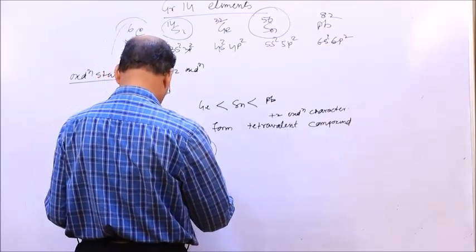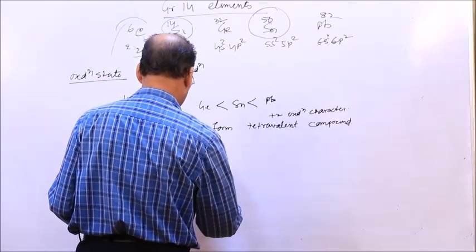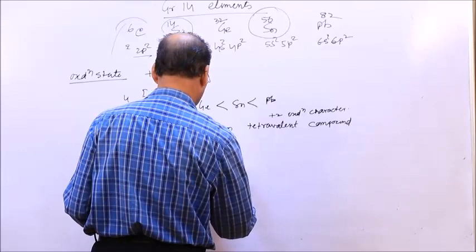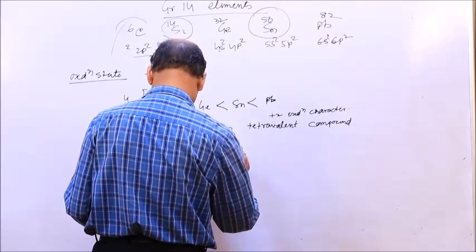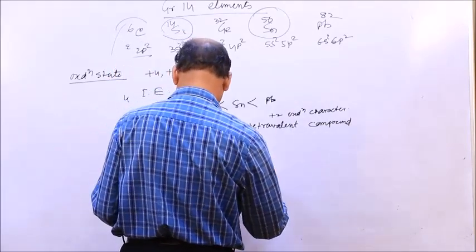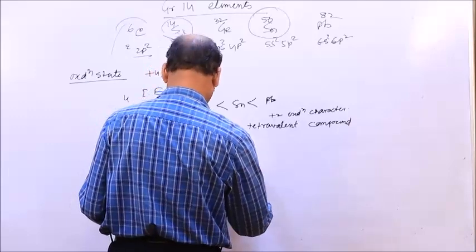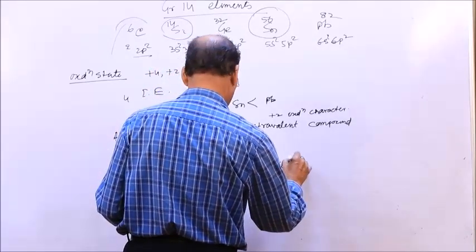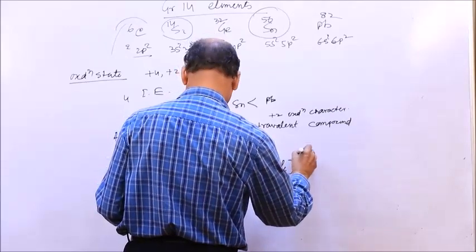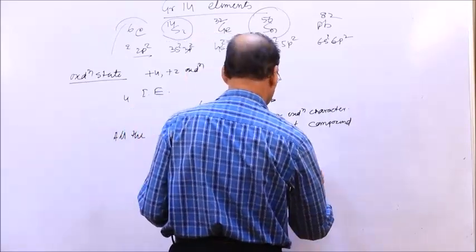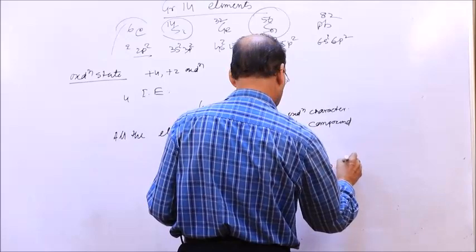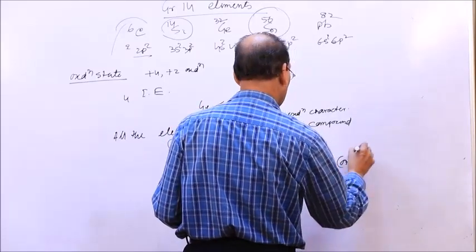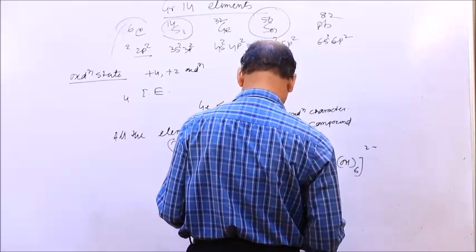For example, SiF6 2 minus, germanium 2 minus, tin hydroxide 2 minus.